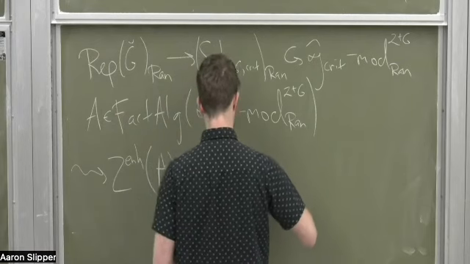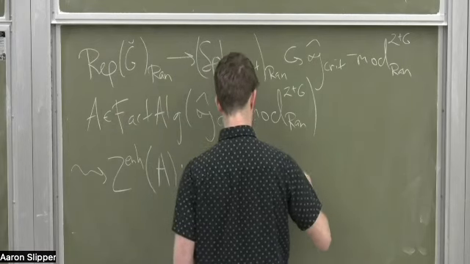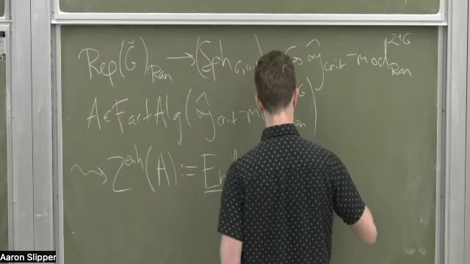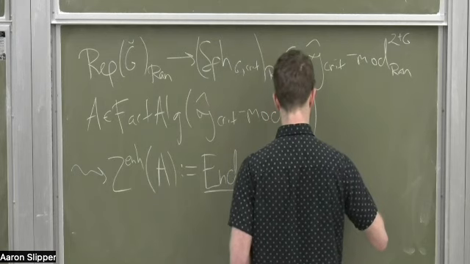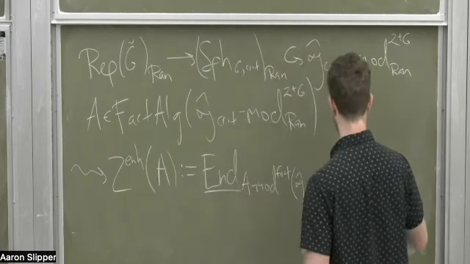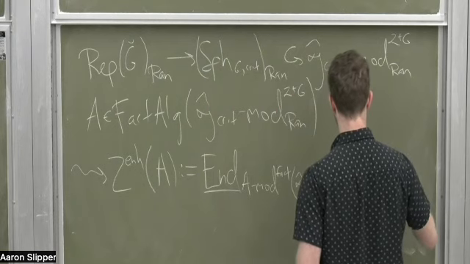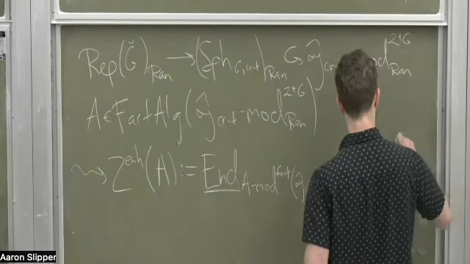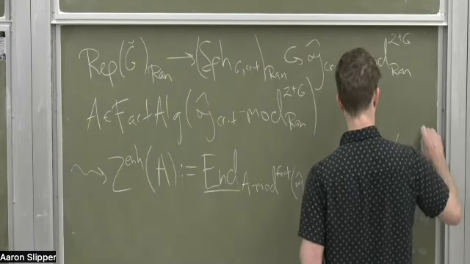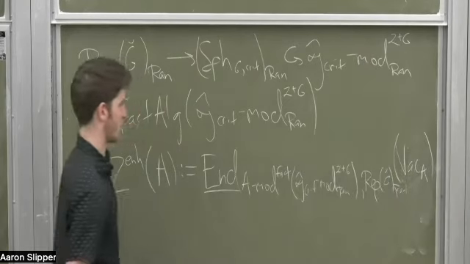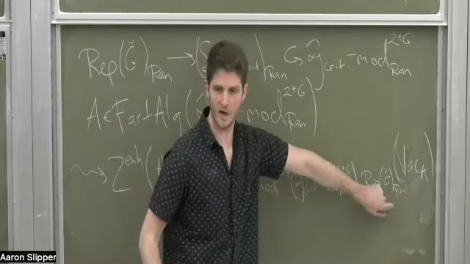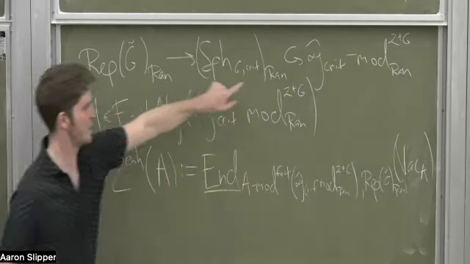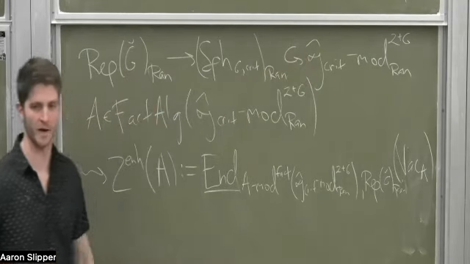Relative inner endomorphisms in the category of factorization A modules, which are also in the Kac-Moody category. It's the relative inner Hom with respect to the action now of Rep G check on Ran. So the only difference from the previous formula is that before I wrote D modules on Ran, here I'm writing Rep G check. So I'm using this action instead of the action of just plain D modules.